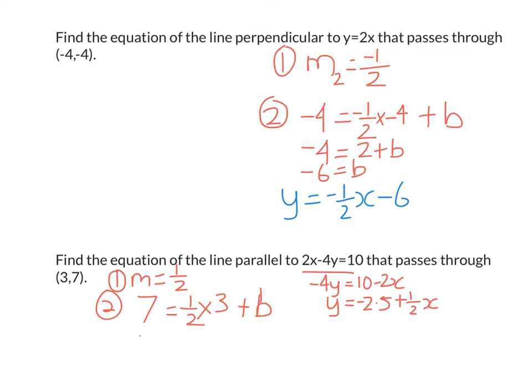Cleaning this up, I get 7 equals 3 over 2 plus b. Subtract 3 over 2 from both sides, I get b equals 5.5. So the hard work's done. The equation is y equals mx plus b, which you can write as y equals a half x plus 5.5 or 11 over 2. It doesn't matter. So we are done.